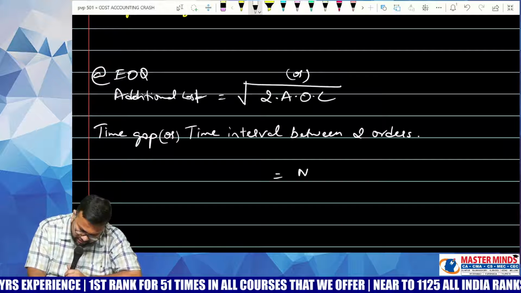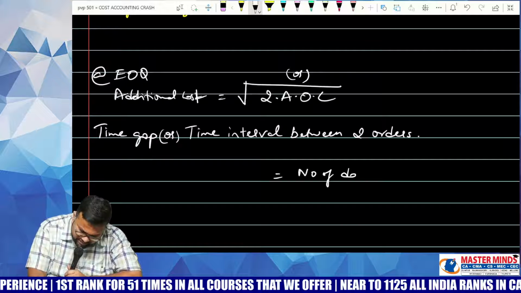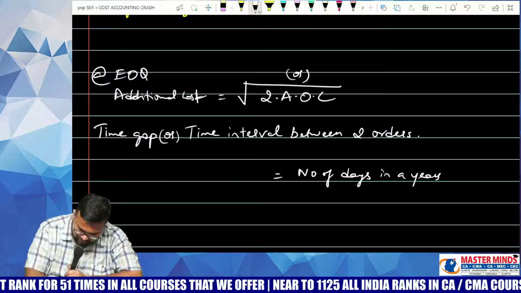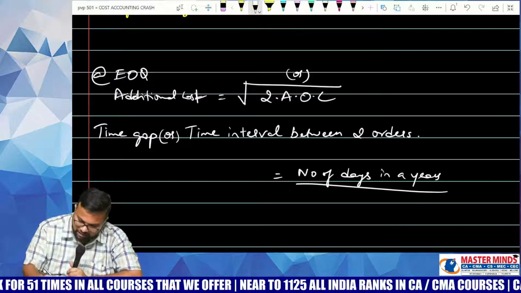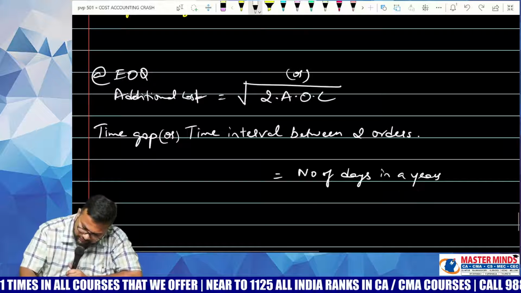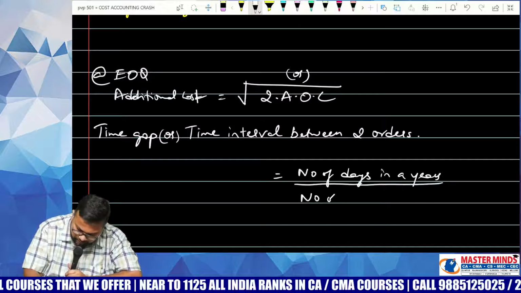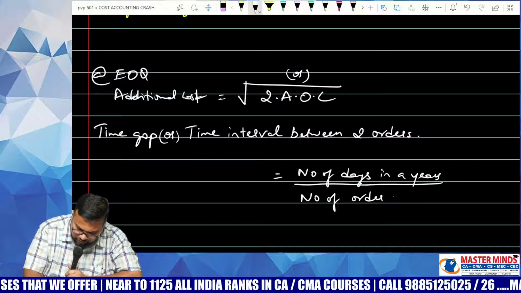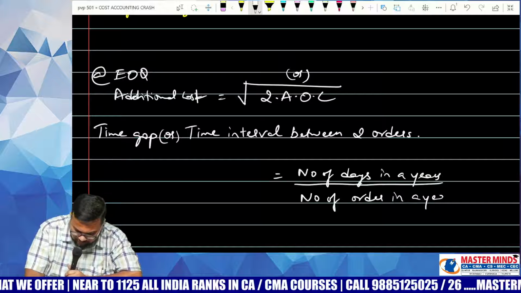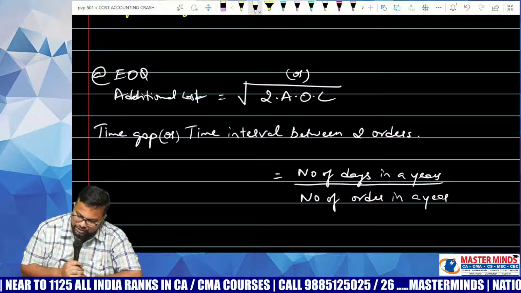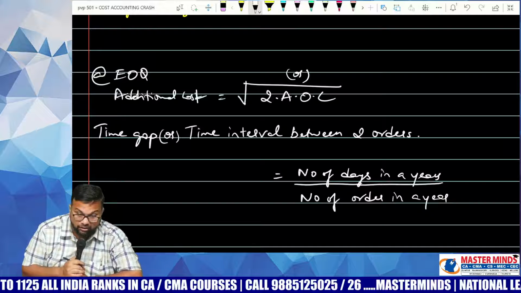Formula is number of days in a year divided by number of orders in a year.